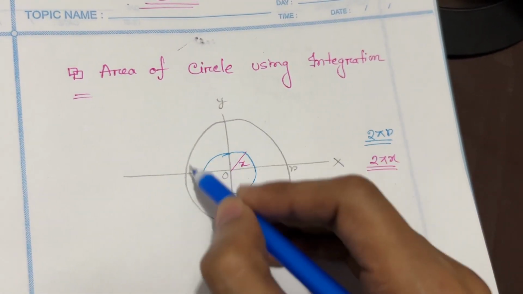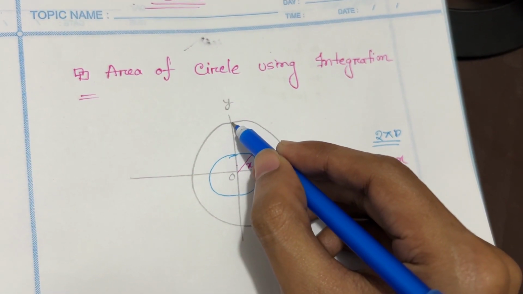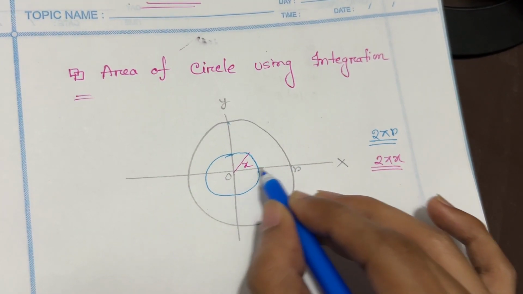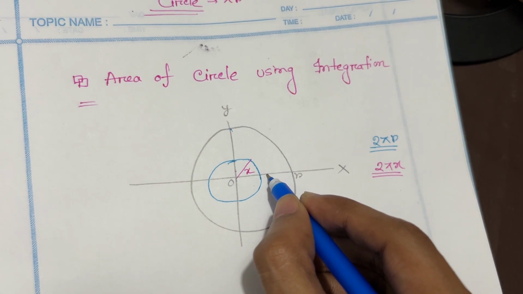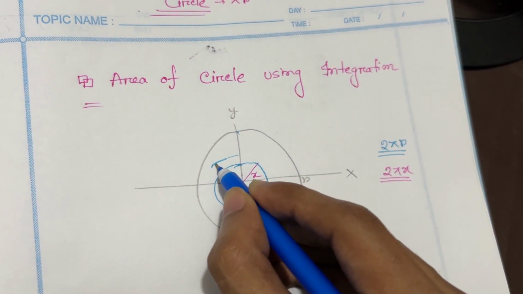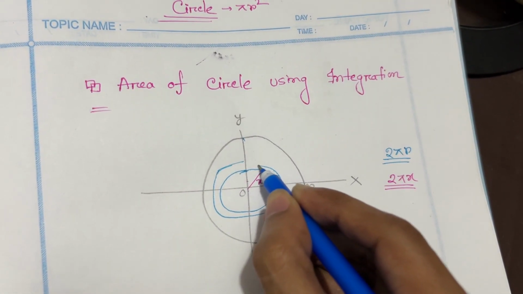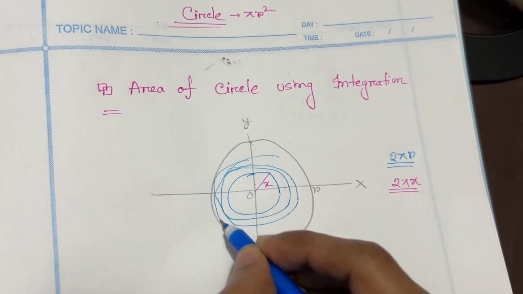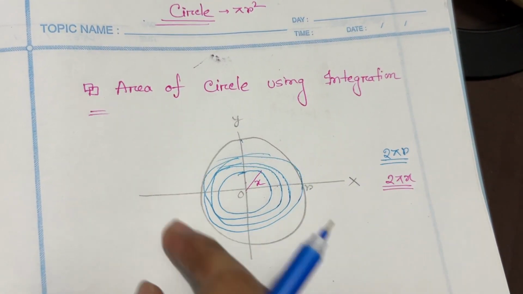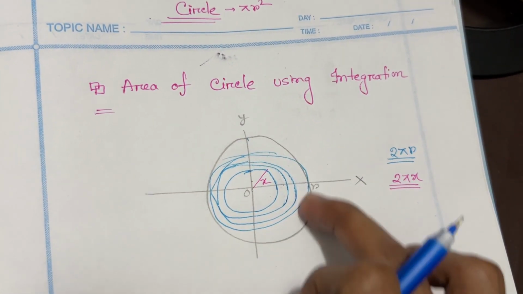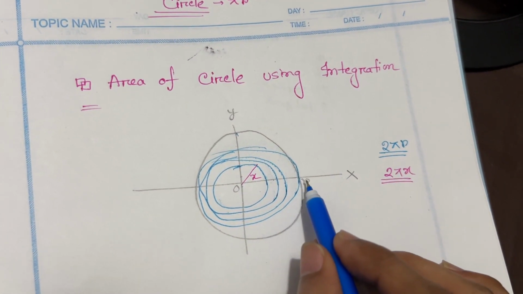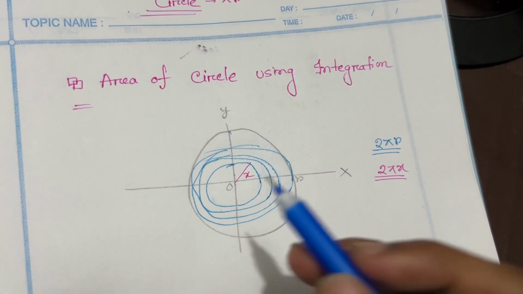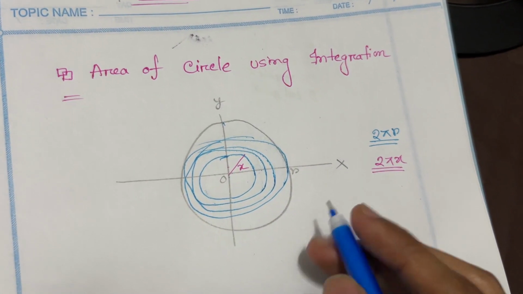You need to add it multiple times until you reach your radius, from 0 to r. And you need to make one more circle, and one more circle, and one more circle. So there can be thousands of circles from 0 to r.